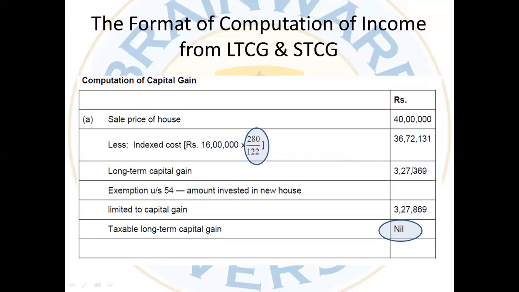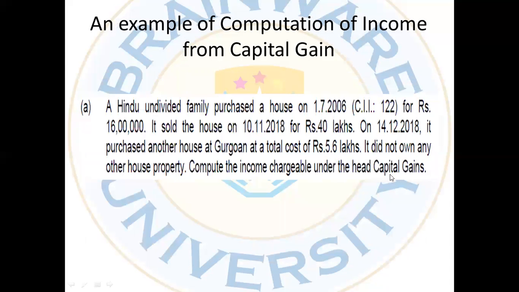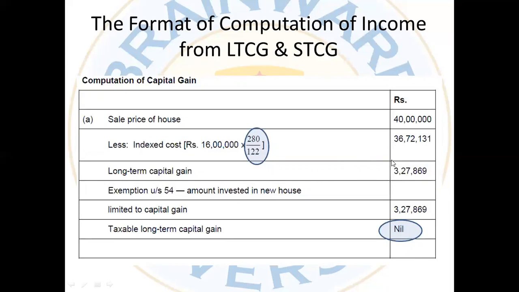Look at the solution. His actual long-term capital gain was 3,27,869, and the price of the house was 5.6 lakhs. Out of these two amounts, 3,27,869 is the minimum, so we will deduct this amount.